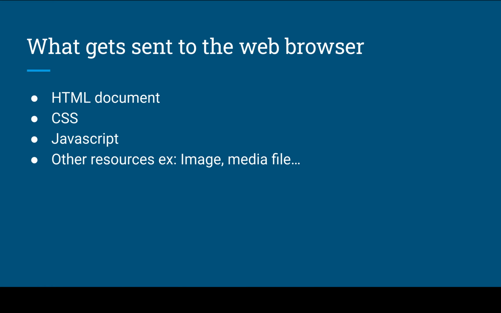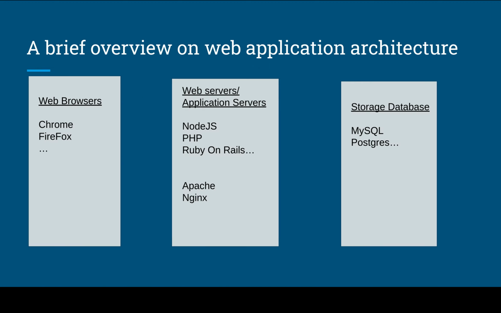So this part, what gets sent to the web browsers, right? From here, if we come back to this, you see that there's a communication going on from the web browser to the application server, and sometimes it might actually end up here to get some data. But then what gets sent to the web browser from the application servers?